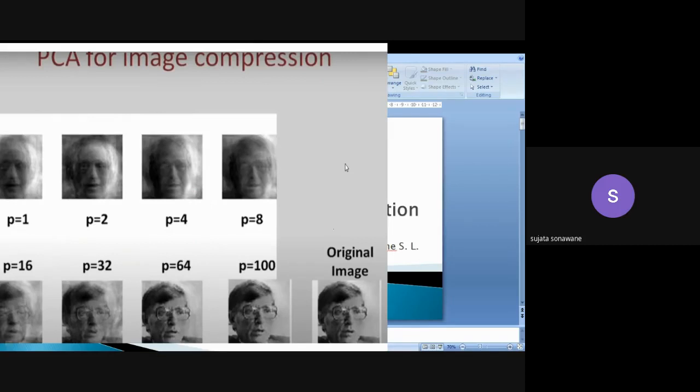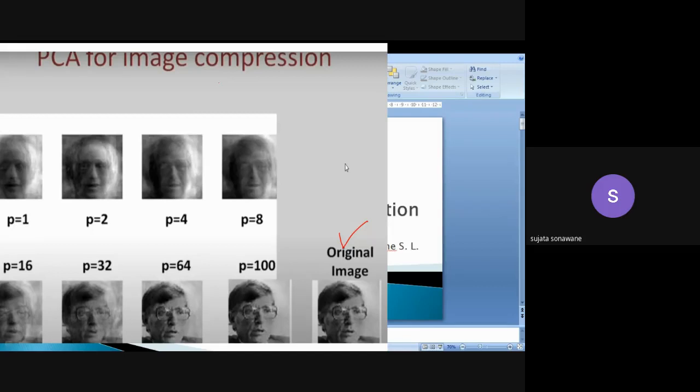Here you can see that this is the original image. Within this image you may have certain errors, so you have to remove them. For that purpose you will use principal component analysis. Now this is image compression. You have to reduce this image.